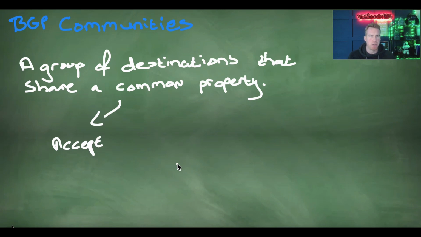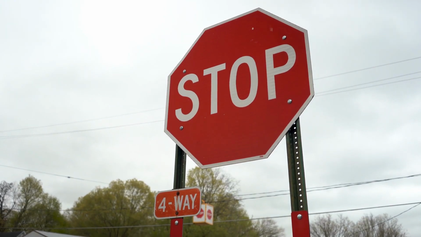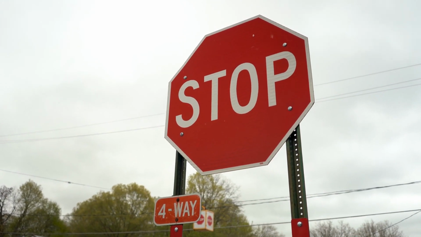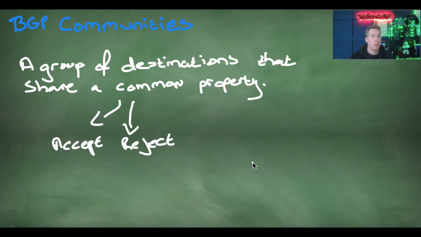So accept is very straightforward. And if we've got an accept, then that stands to reason that there's going to be a reject. We can reject BGP updates with a specific community tag or tags for a NLRI and actually just discard those updates, those packets themselves. We don't have to have that in the BGP routing table, and certainly not in the routing table itself. So we can accept, fine, into the BGP table, maybe into the routing table. We can reject, not even going into the BGP routing table, certainly not into the routing table.